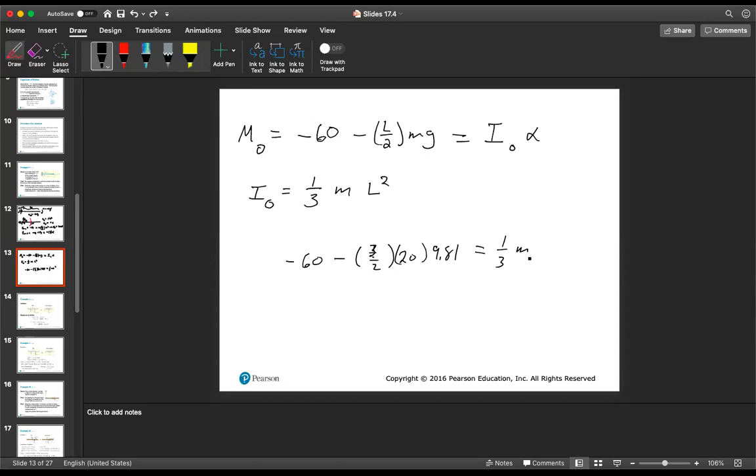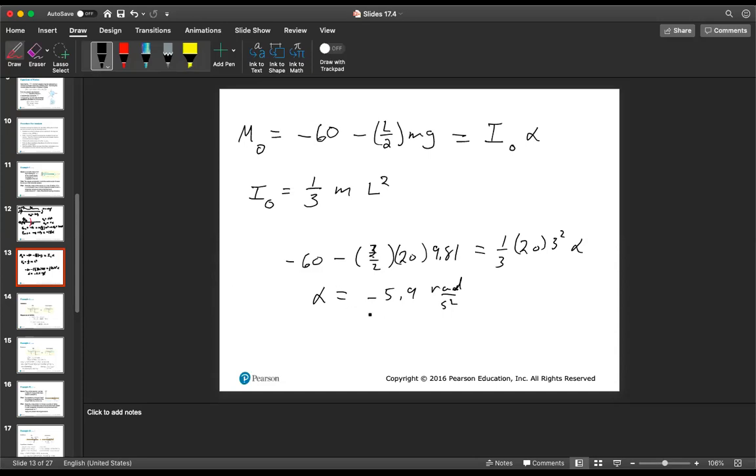Let's plug in our actual values here. The mass was 20 and L was 3, so L squared is going to be 9 times alpha. So when you solve for alpha from this, you find negative 5.9, and it'll come out as radians per second squared.